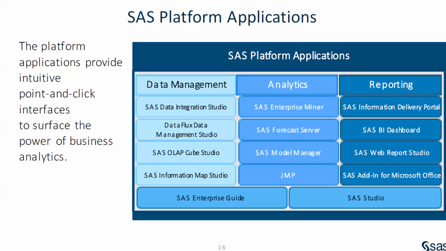So that is also client tier, client environment, where we can access and convert your databases to OLAP cubes. Then analytics. We can perform different types of analytics using Enterprise Miner, Model Manager, JMP, Forecast Server. Then these are the foundation tools like SAS Enterprise Guide and SAS Studio. Then for reporting purposes, we have multiple reporting tools like information delivery portal, dashboard.